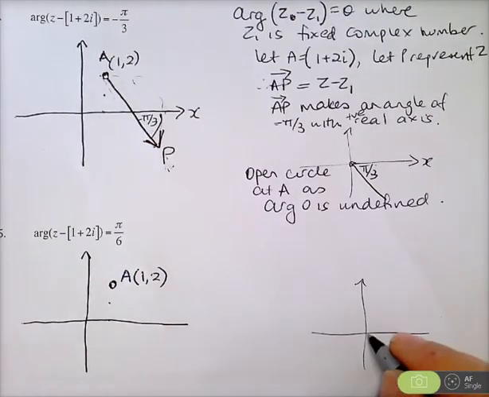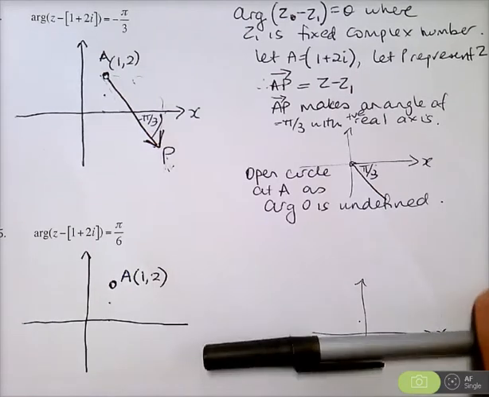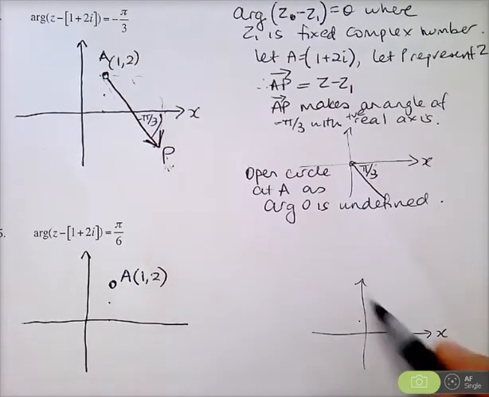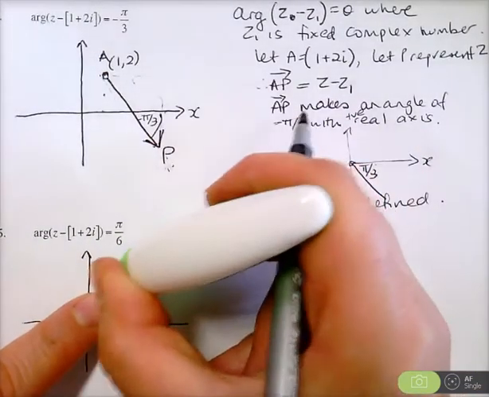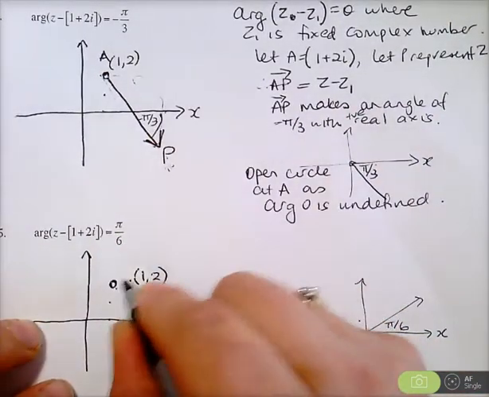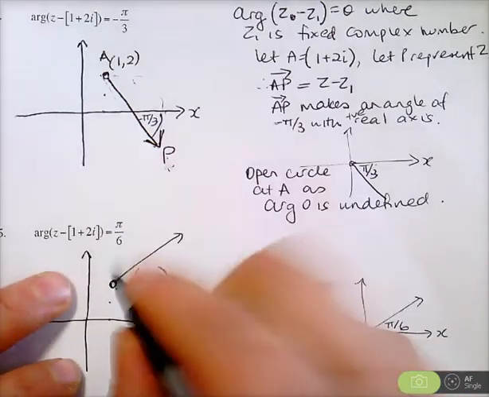I think it's a good idea to do your other little diagram down on the side. If I do positive pi on 6, which way does it go? Up. How much? About 30 degrees, so make sure it doesn't look more than halfway. We need a 30-degree angle up there.